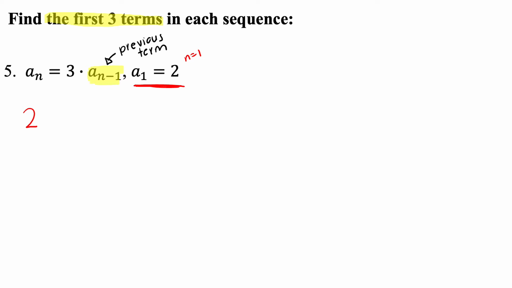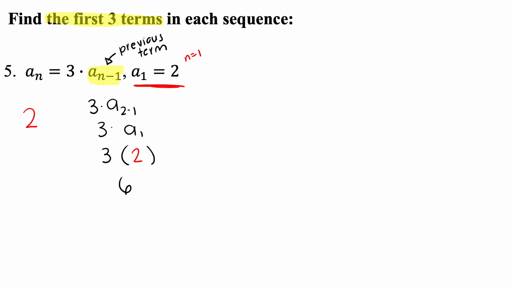Our second term, when n equals 2, would be 3 times a sub 2 minus 1, which is 3 times a sub 1, which is 3 times 2, which is just 6.